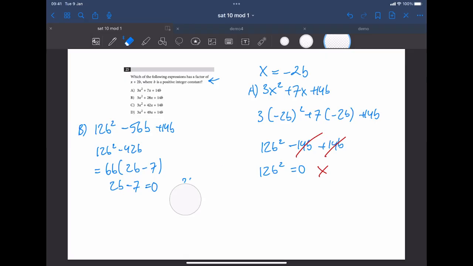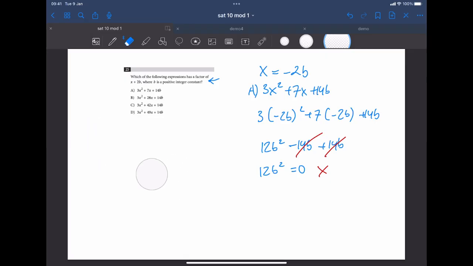Okay, I need a bit more space, so I'm going to delete this. I'll leave A here for reference, but moving on to C, again, same thing. I'm going to put negative 2b into x.